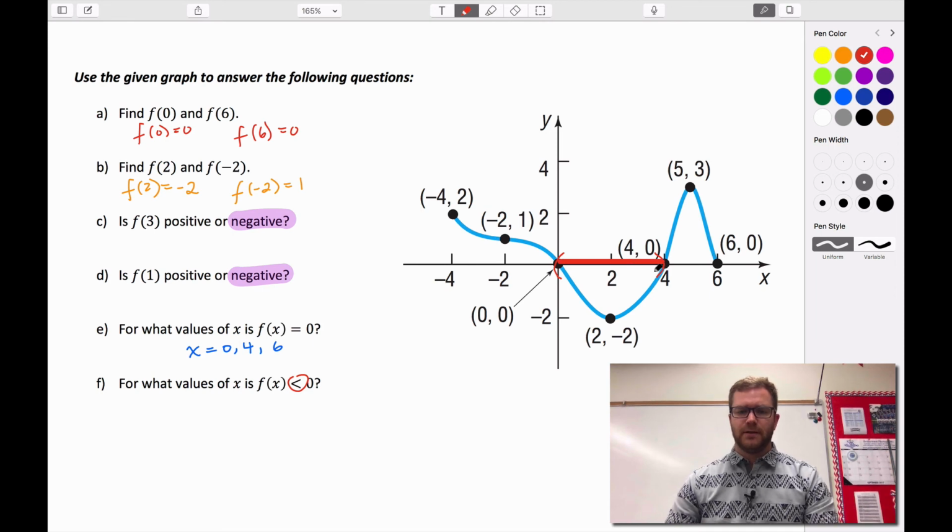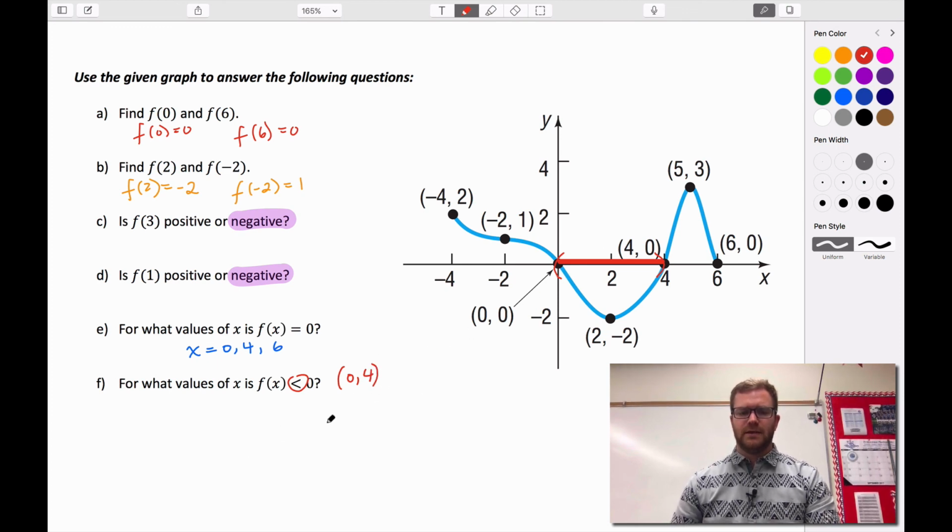Now, if you look at this, for every x value in this red area, if I pick any x value, you can see that it will correspond to some negative y value along that entire interval. So every single point on that interval is going to be less than 0. So our interval notation is going to be from 0 to 4, not including either of them. So (0, 4).